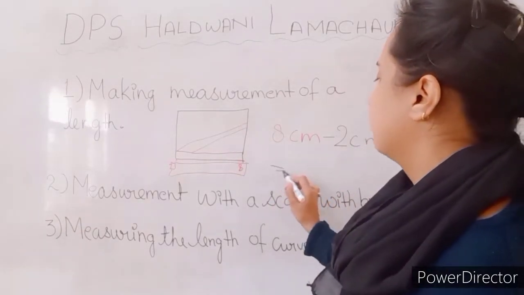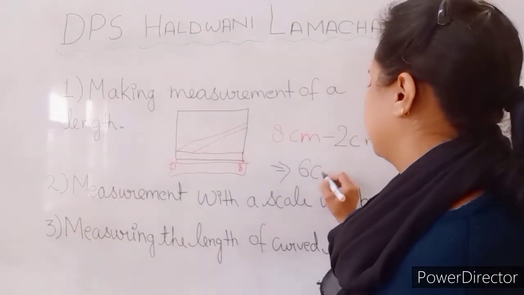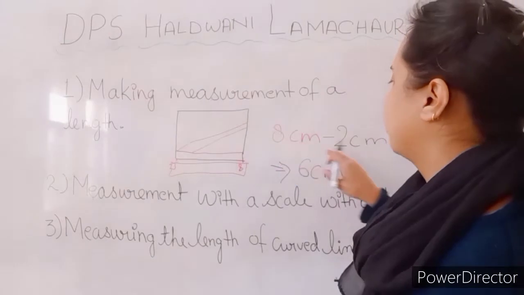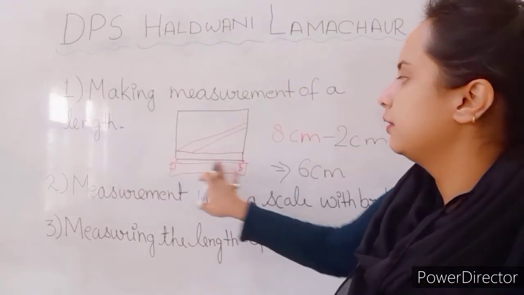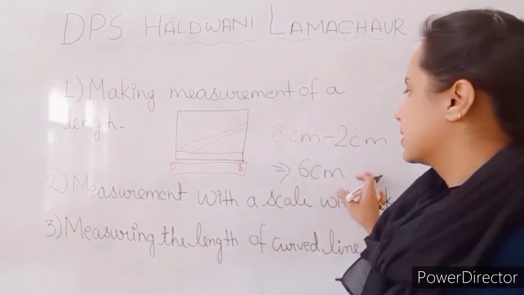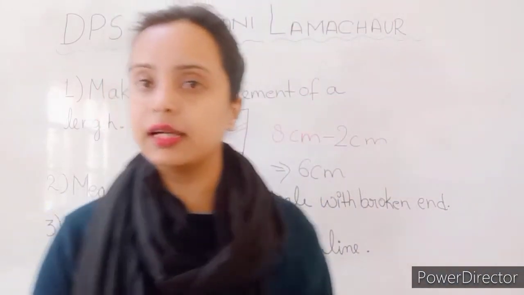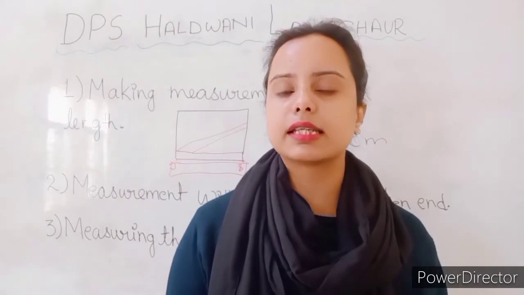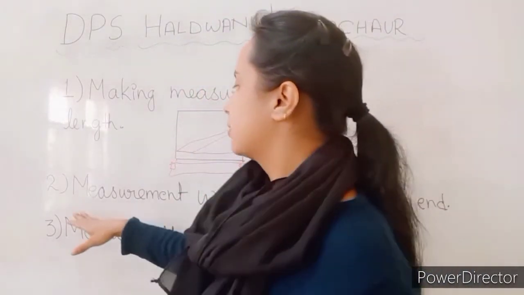Then the answer will be 6 centimeter. If we subtract 2 from 8, we get 6 centimeter, which means the length of this box is 6 centimeter. This is how you can find the exact, correct length of an object with the help of a broken end scale. I hope you understood this also.